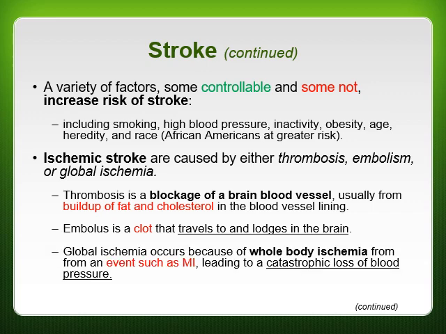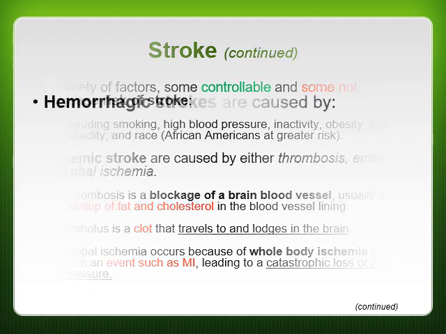And then global ischemia occurs when there is whole body ischemia, so when blood is not getting out to everywhere. That can result from an event like a heart attack, a myocardial infarction. That's what an MI is. It leads to a catastrophic loss of blood pressure. And then, of course, not only is the entire body affected, but the brain also is going to be affected by that. So three different mechanisms there.